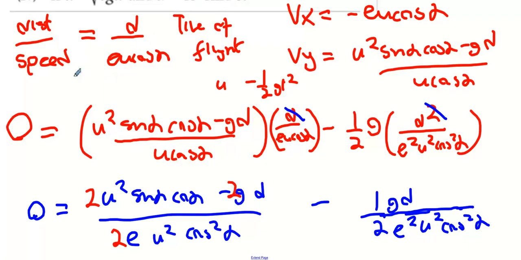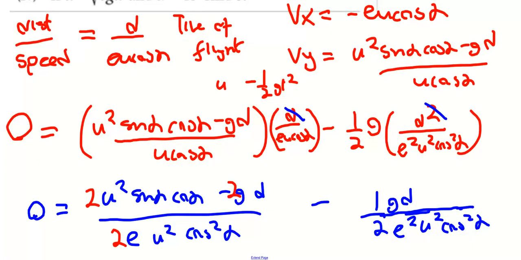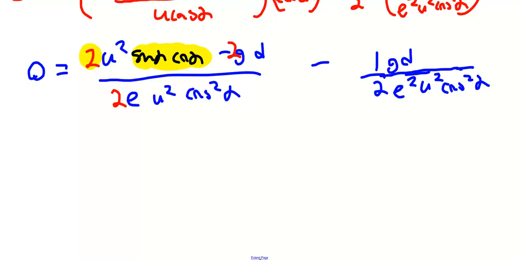Now, there's a mention of a sine 2 alpha in my answer, wasn't there? Anybody know how I'm going to make that appear out of thin air? What am I going to highlight? See the yellow part? That's my sine 2a. Okay. So it's u squared sine 2a minus 2gd.